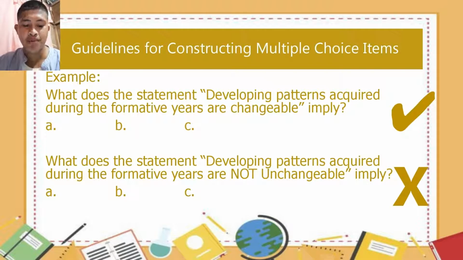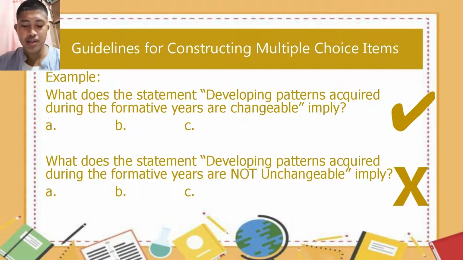Here is another poor example: What does the statement "development patterns acquired during the formative years are not unachievable" imply? You can see this poor example used "not" and "unachievable", so it used double negatives.